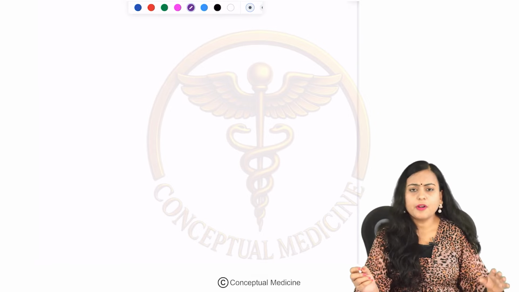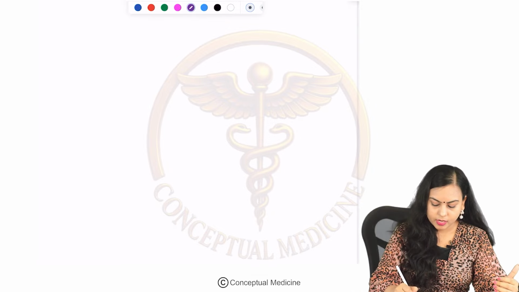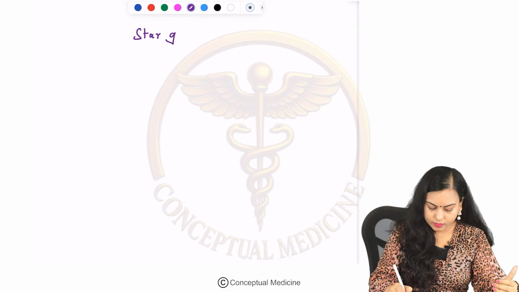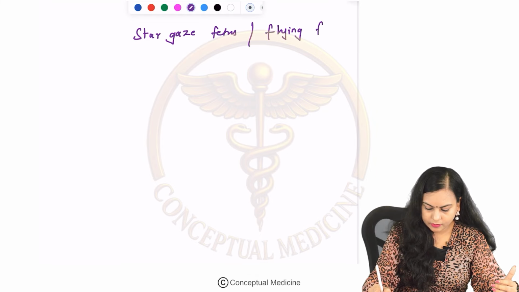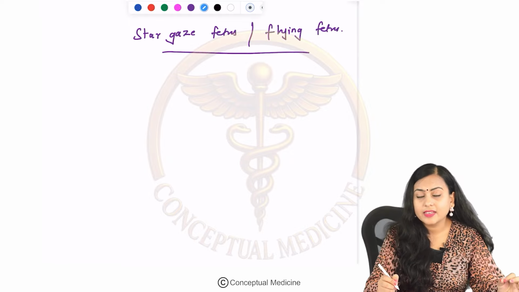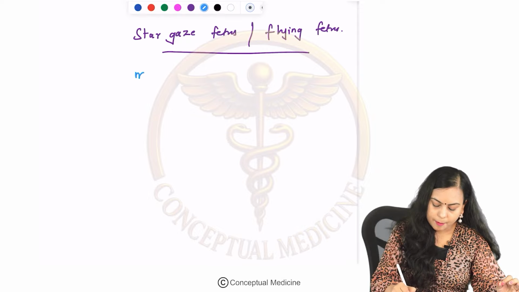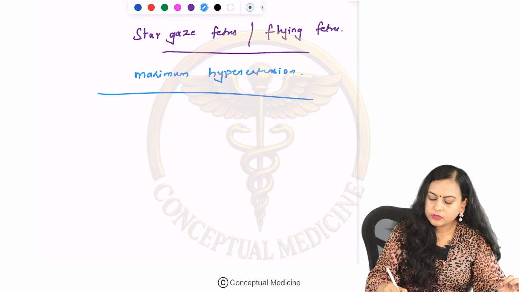Apart from these three types of breech, we also have something called a stargazing fetus, or otherwise we can also call it a flying fetus. This is a fetus where the head is in maximum hyperextension.